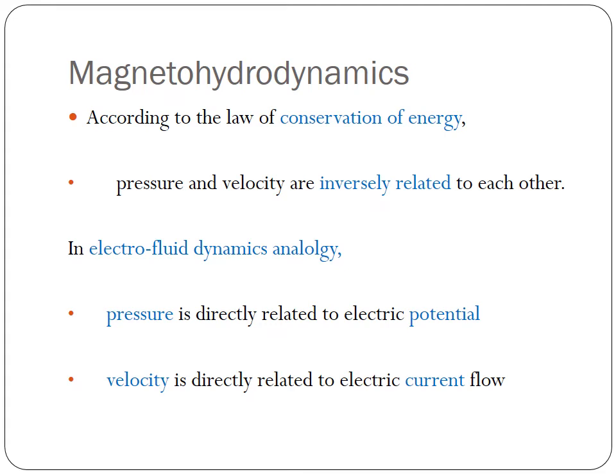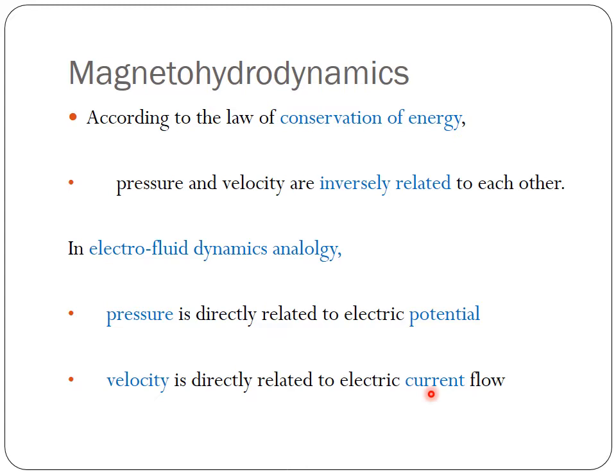So how are this area and velocity related, and how can pressure be incorporated here? According to the conservation of energy and also the continuity equation, pressure and velocity are inversely related to each other. In the electrofluid dynamics analogy, pressure is directly related to potential and velocity is directly related to electric current flow.